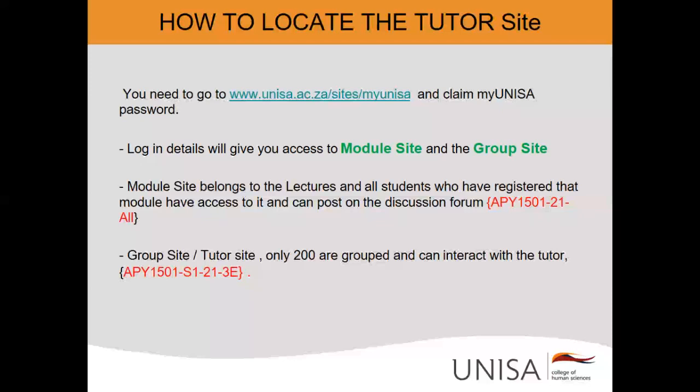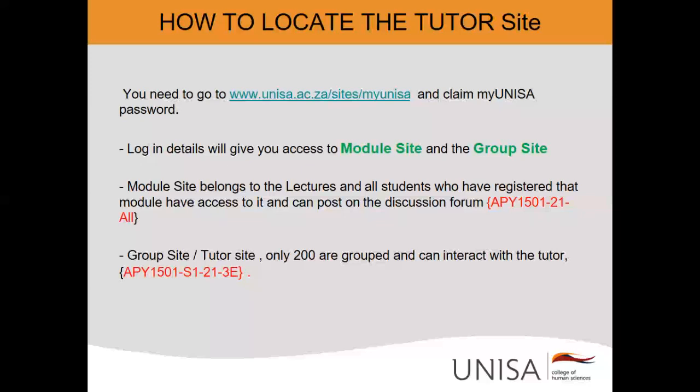For example, if you have registered for the first year anthropology module, then the code for the module site for that particular module will be APY 1501-21. The 21 represents the year, which is 2021, and then you will see dash all. That all in red represents semester 1 and semester 2 combined.